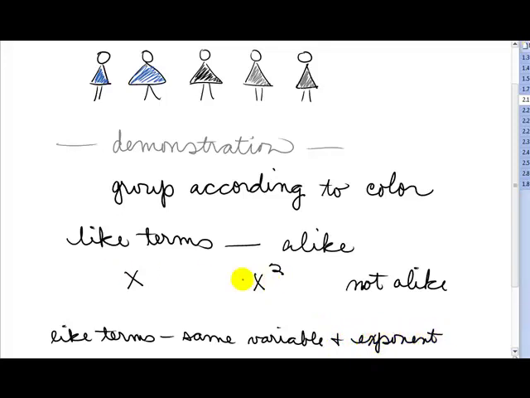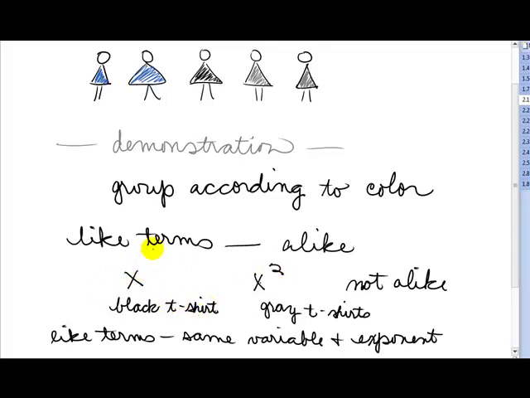So when I talk about these two, I talk about x is like the black shirts, and it's usually a t-shirt, so I usually say black t-shirts. And the x squared are like gray t-shirts in my demonstration, because they both have an element of black. They've got the x, but gray is different, and so the square tells us that it's different.